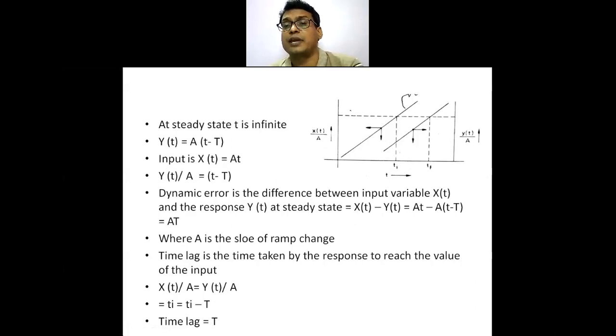The dynamic error is the difference between the input variable x(t) and the response or output variable y(t) at steady state.